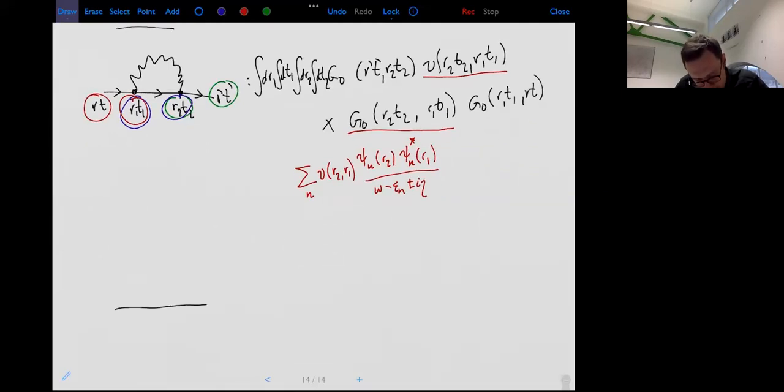The other one looked like this. So we go from R to T, and we've got R1 T1, and we've got R prime T prime, and we've got our interaction, and then we have our bubble R2 T2, right? So that was the other first order diagram.